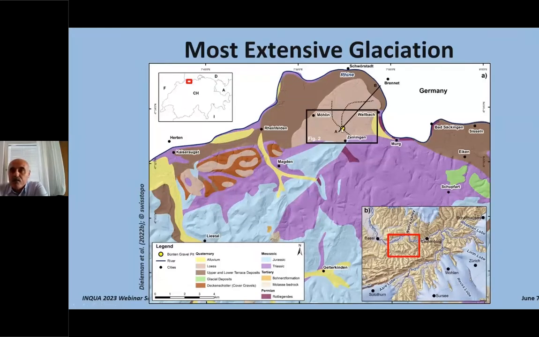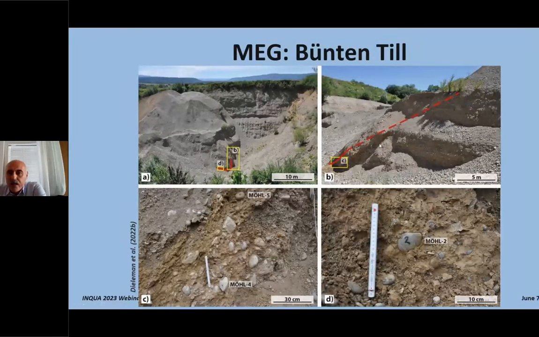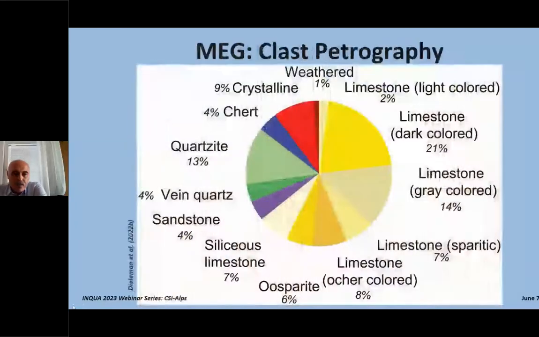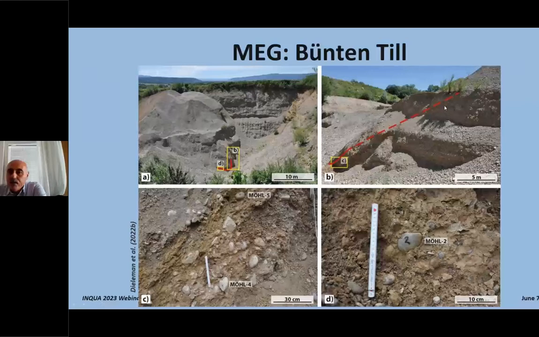But here you have a spot where we have a gravel pit, and if you go into this gravel pit, we have an old inclined layer of till, which is attributed to the most extensive glaciation.